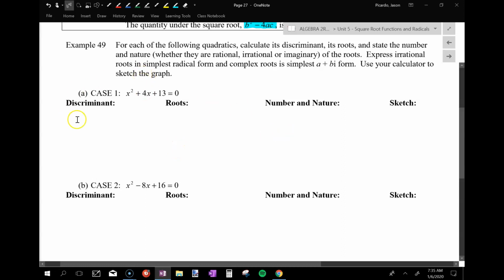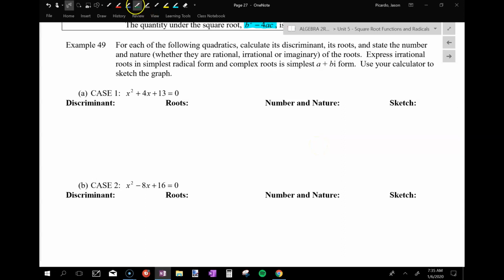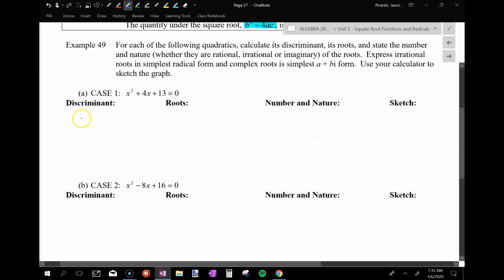Okay? So in each of these cases, here's what I want you to do, okay? I want you to store in your calculator A, B, and C. So for this first example, my A is 1, my B is 4, my C is 13.